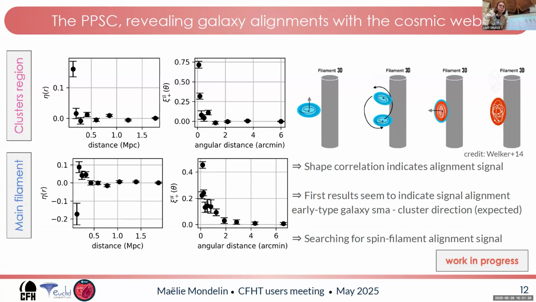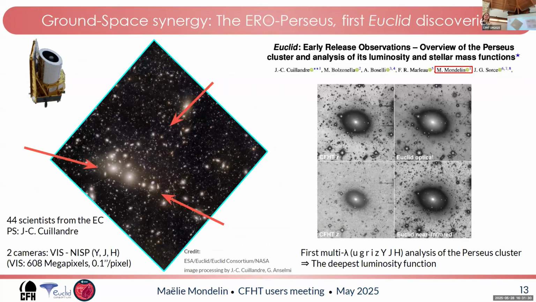This is in progress, and I would like to use the rest of this time to talk a bit about the ground-space synergy, and especially about the early release observation of Perseus. The Perseus cluster is one of the main clusters of the superstructure. It is directly linked to the cosmic web with three filaments.